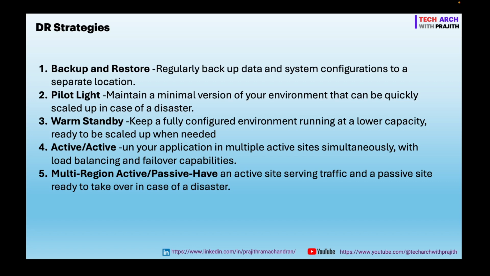Another option is warm standby. Keep a fully configured environment running at a lower capacity. That was an example in my architecture, where I have the OpenShift cluster, I have MAS core installed, I have Manage installed, everything is running, but it's a very scaled down version of it, right? And I install Manage and I just turn it off, right? Manage is not running, but I have Manage deployed and turned off.